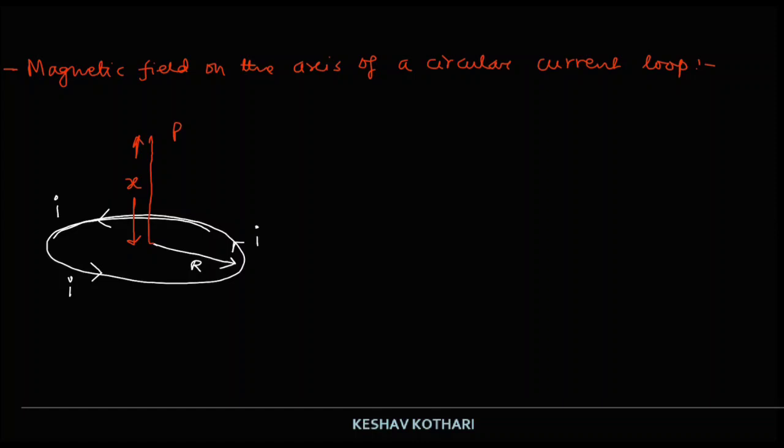So if we consider something like this, one thing is for sure true, that for this current carrying circular loop, the value of magnetic field can be calculated by first of all selecting a current element.